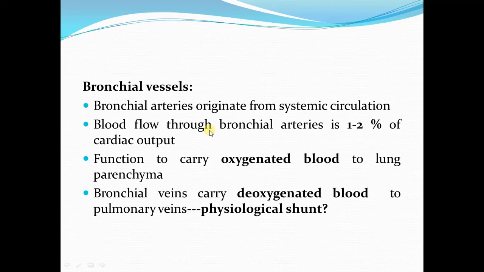First we are going to quickly go through the bronchial circulation, which is formed by the bronchial vessels. Now bronchial artery arises from the aorta, which is the part of systemic circulation. The blood flow through the bronchial arteries is 1 to 2% of the cardiac output.